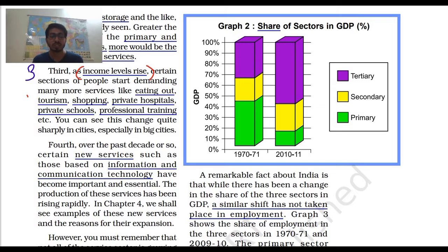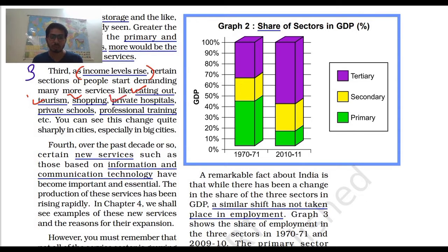What kind of services do they demand? Nowadays, you are also going outside and eating out. You are going for tourism, to various places, like Goa, Manali, and many more. So what is happening? Tourism industry is increasing, or the growth is more in this kind of industries.